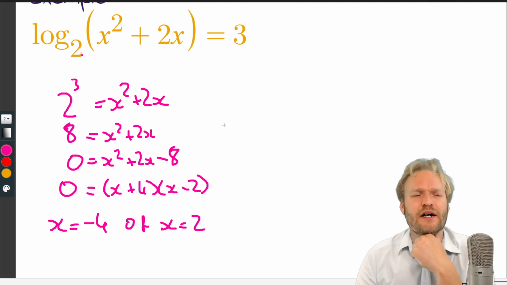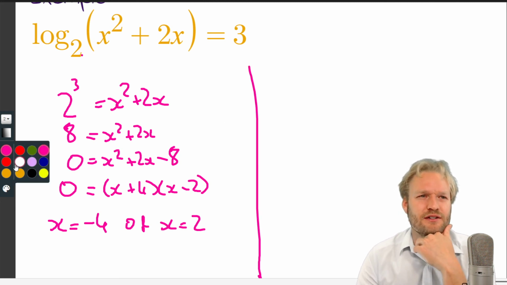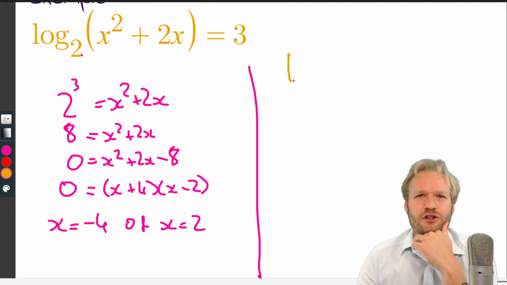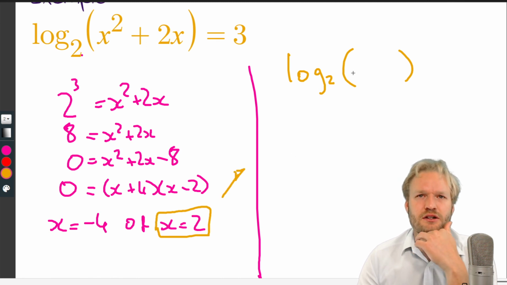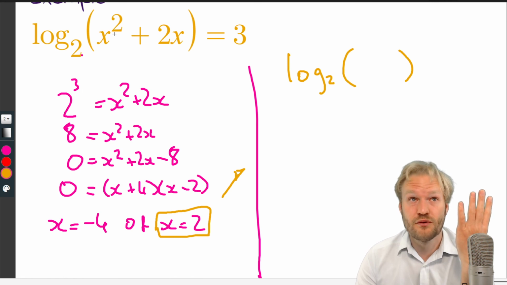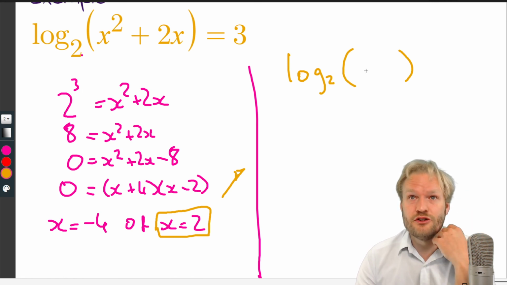Okay, but let's try both of these and see what works. So the log base 2 of, let's start with our 2 and see where it gets us. 2 squared is 4, plus 2 times 2.